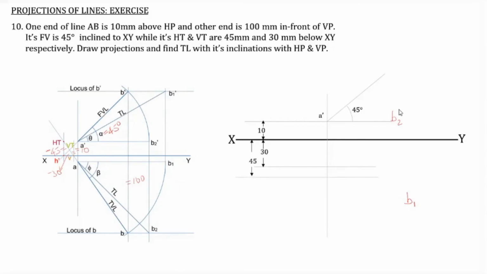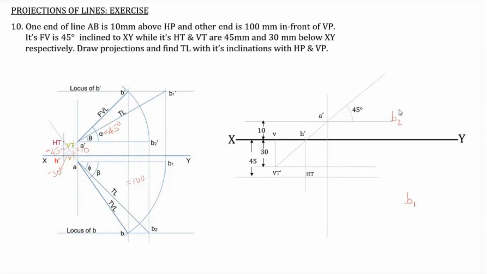Then extend the line representing the front view in order to get H dash as well as VT, and from VT we can get V, and from H dash we can get HT.